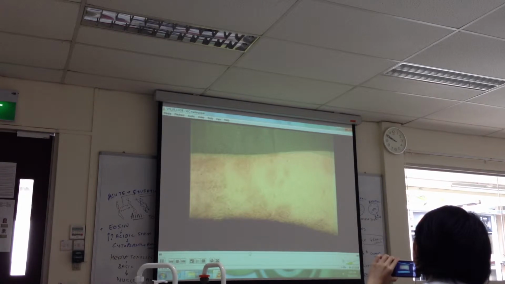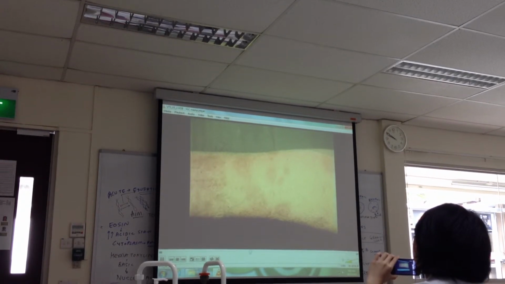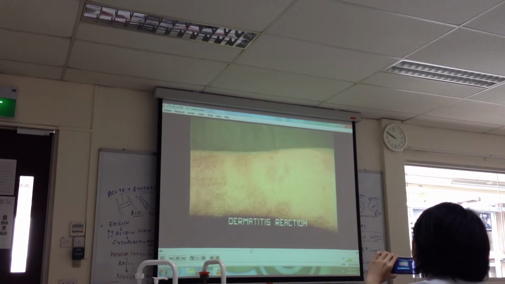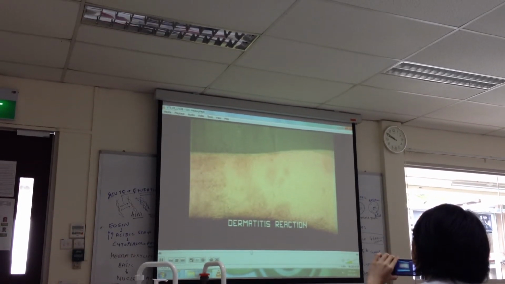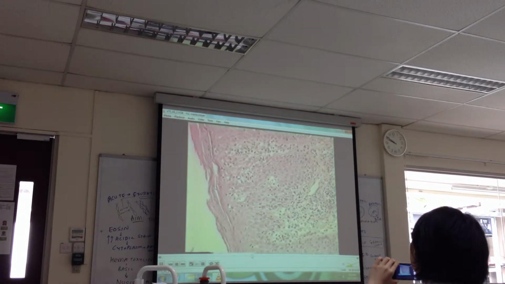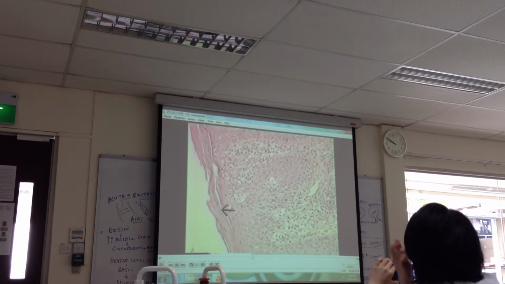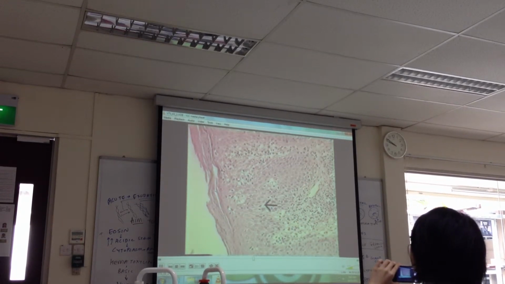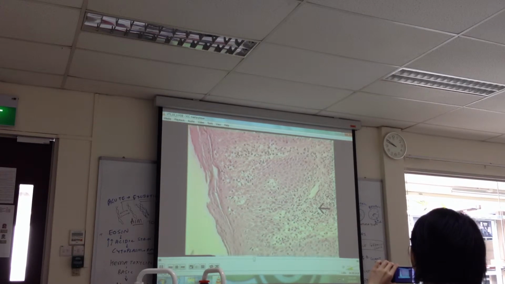The blotchy red rash on this patient's skin is a dermatitis reaction, many patterns of which share the same microscopic features. Here's the keratin, the rest of the epidermis, and the dermis containing small dark nuclei.